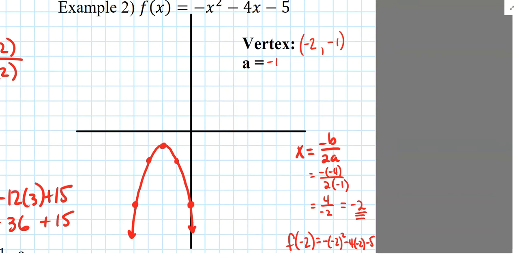The vertex was computed as negative 2, negative 1, and the a value was negative 1. So the parabola opened down and was the same size as the parent graph.